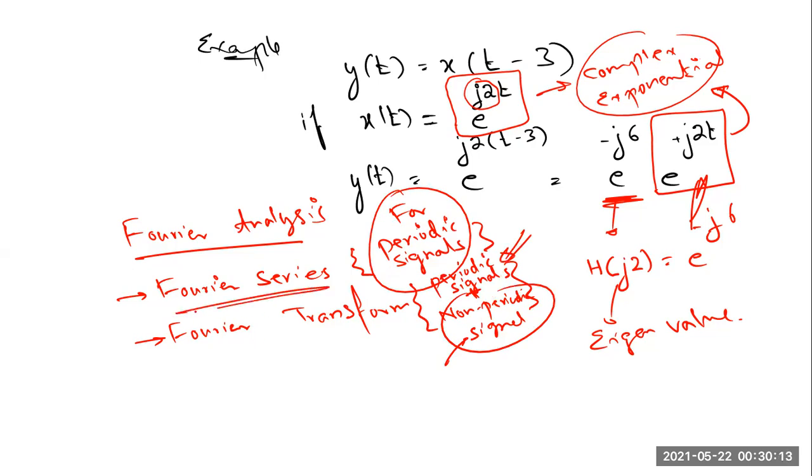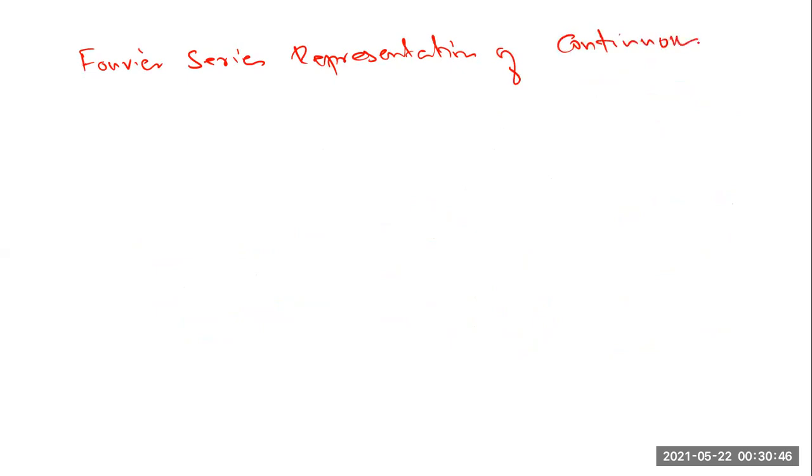So in this chapter, our focus is on Fourier series. And as I mentioned, we will first consider periodic signals in continuous time. First of all, we will talk about Fourier series representation of continuous time signals. So we want to look at Fourier series representation of continuous time periodic signals.